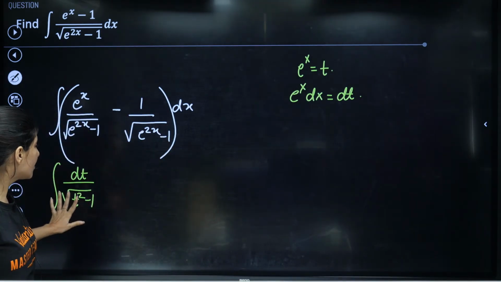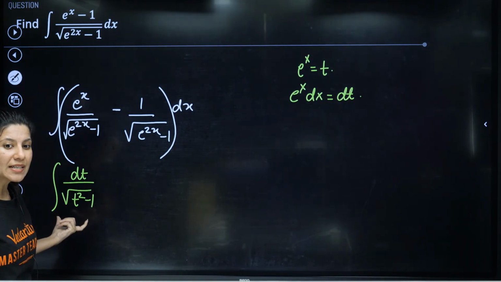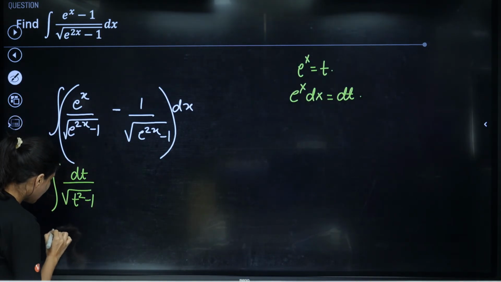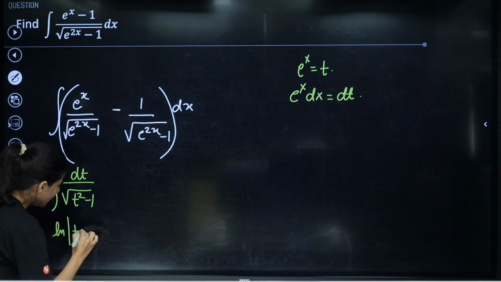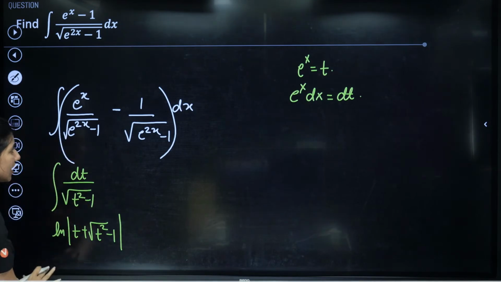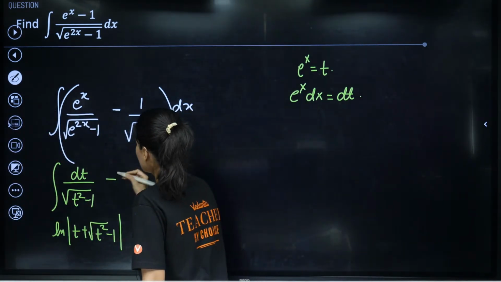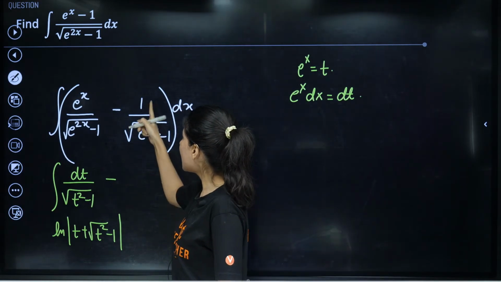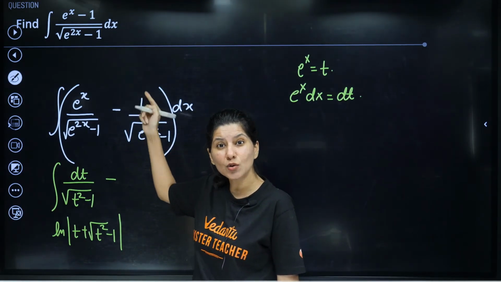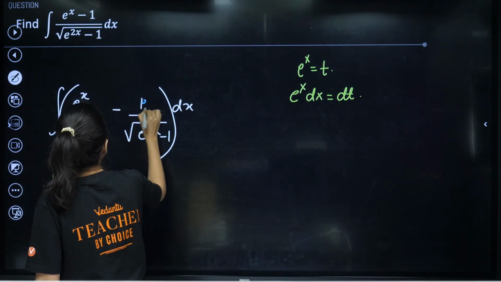This is actually of the type 1 upon square root of x square minus a square, and this will be log of mod of t plus square root of t square minus 1. This is done. What about the second part? For this, I want e raised to power x in the numerator and denominator, so I'm going to multiply and divide by e raised to power x.